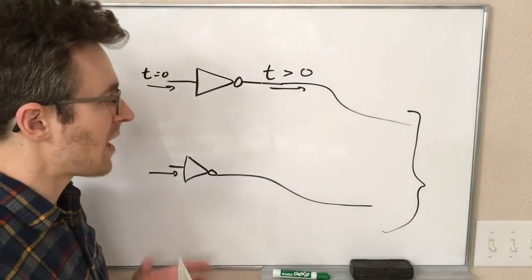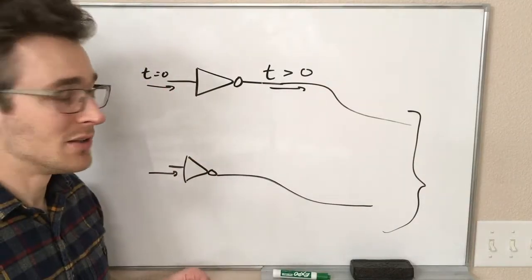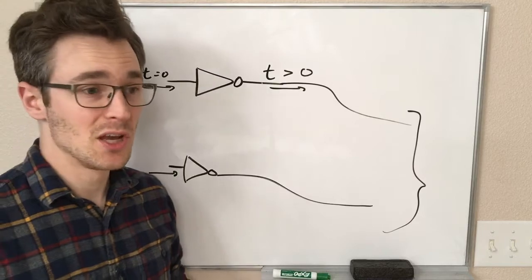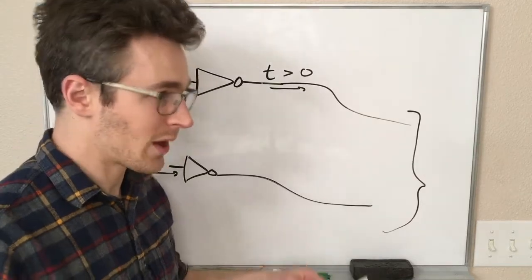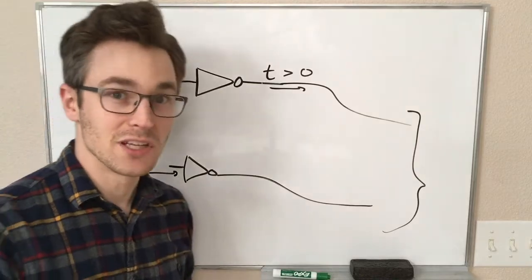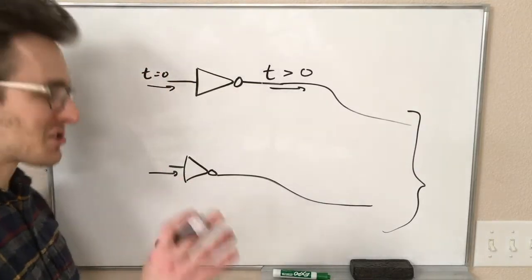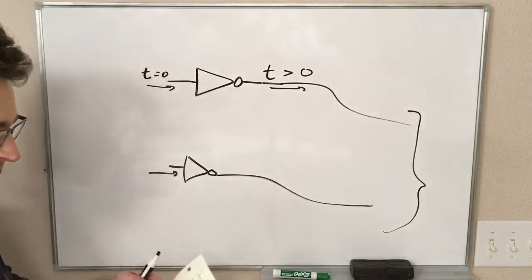So what that means is if you're looking at small differences in timing, not only do the gates themselves make a difference, but the geometry and how long your wires are can make a difference too. So anyway, these problems can get complicated, and there are entire classes about this. So we're only barely scratching the surface of this concept.